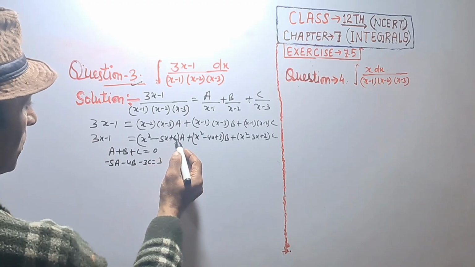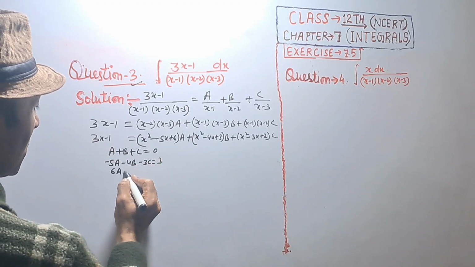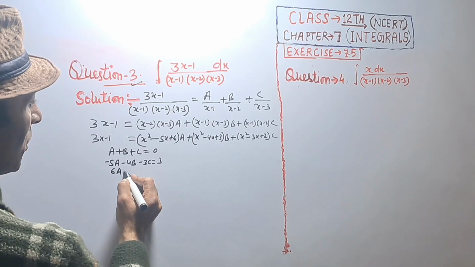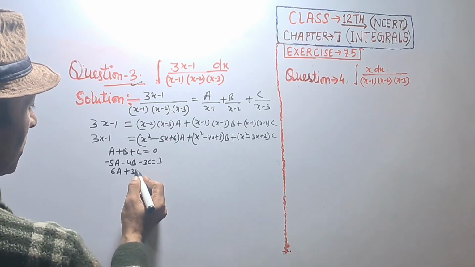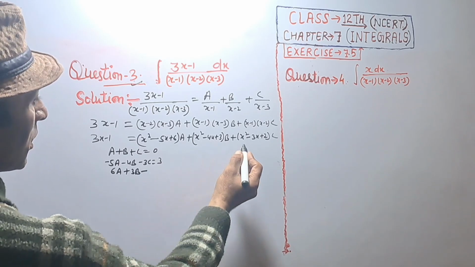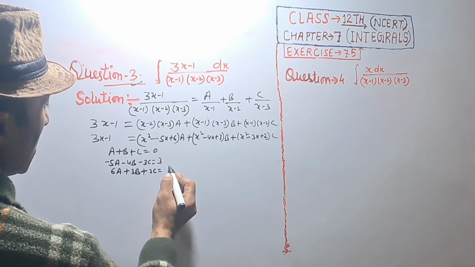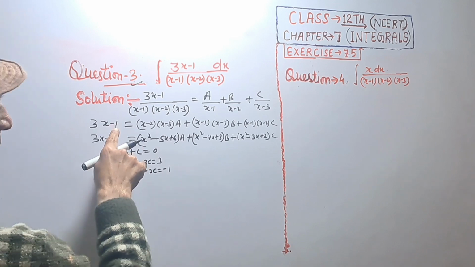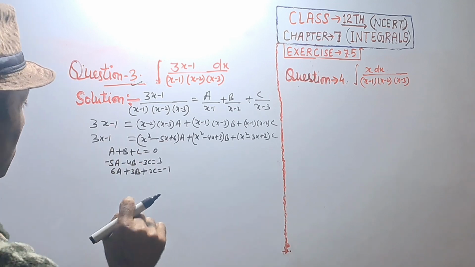The third equation is 6A plus 3B plus 2C equal to minus 1, since the constant term is minus 1.